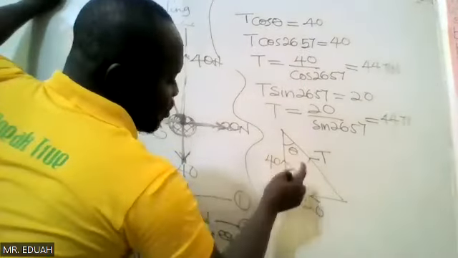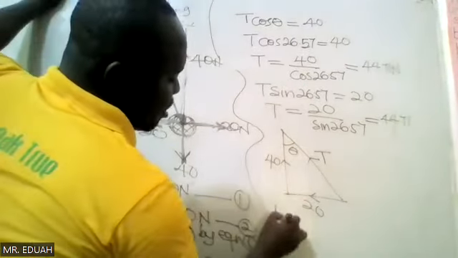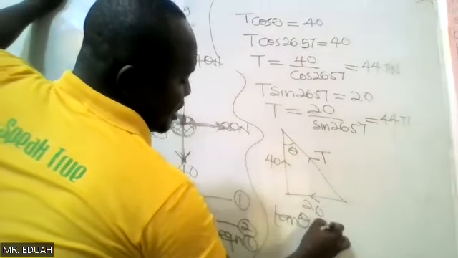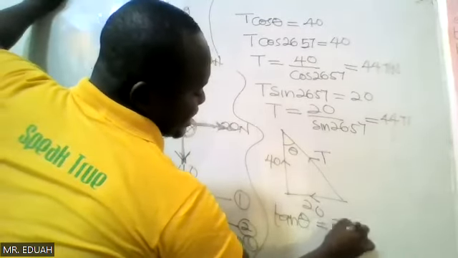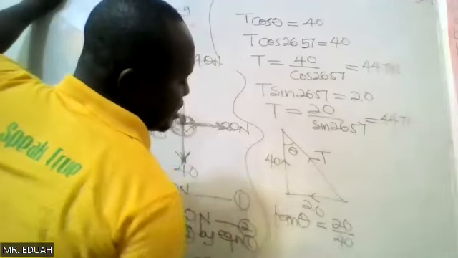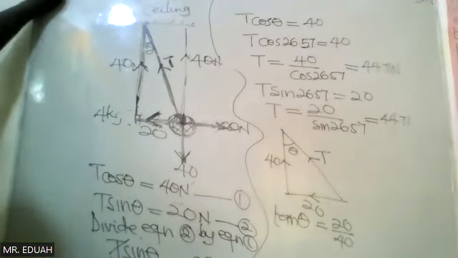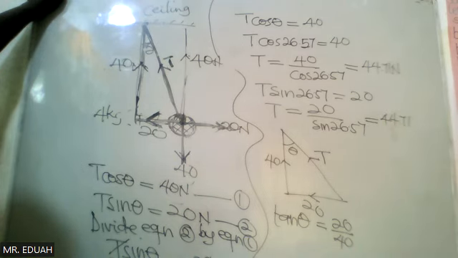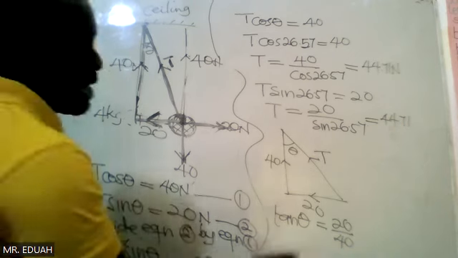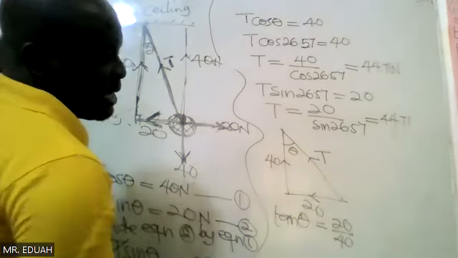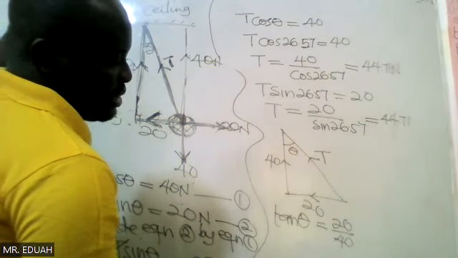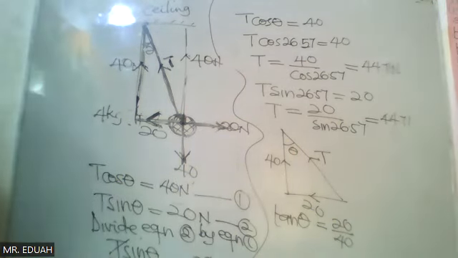Tan of theta is equal to 20 divided by 40. And you can easily find the angle of tilt. Once you have the angle, you can use that to find the hypotenuse, which is the tension, easily. So that is another way out. Please, is that okay?